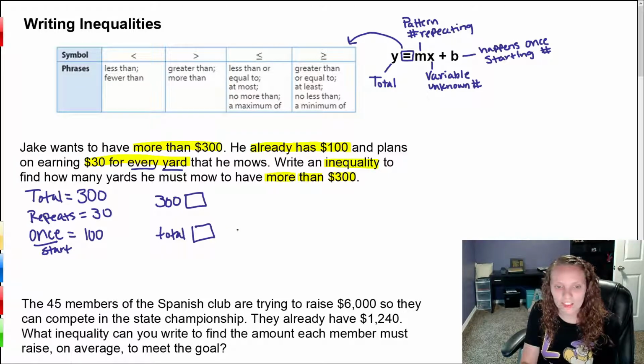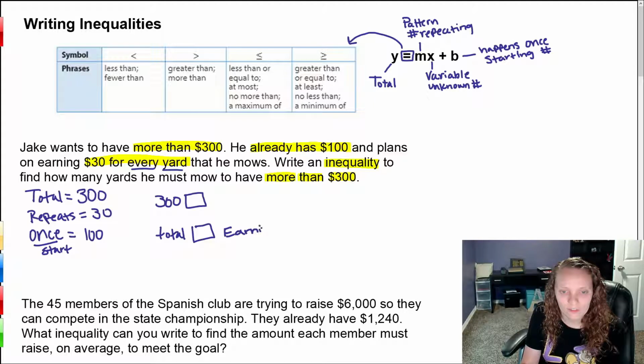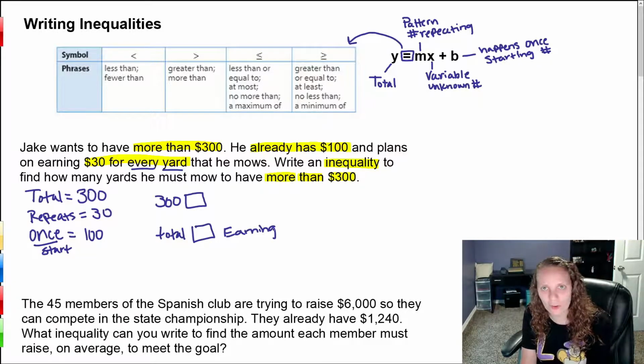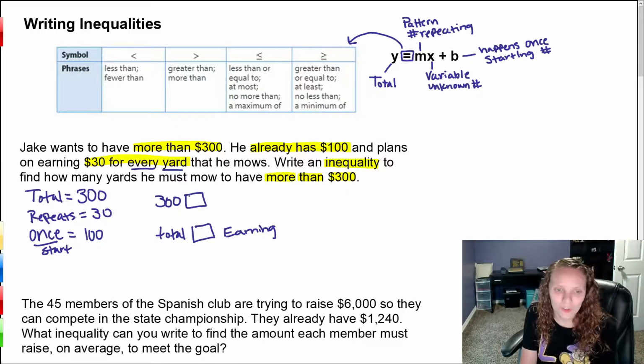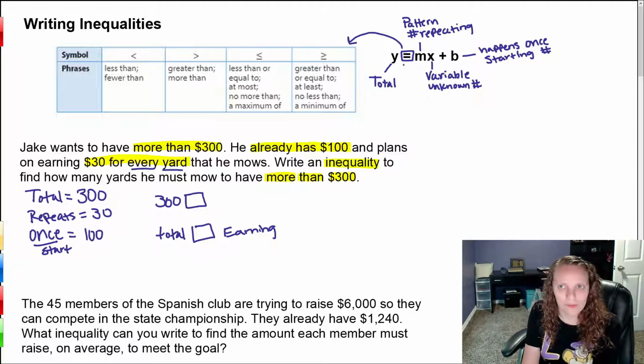Now on the other side of the inequality sign, this is how much money he is earning or has. So we've got to keep this in mind. The earnings are on the right side. The total money is on the left. So 300 is our total, inequality symbol, mx. So the m is what's repeating, and that would be $30.